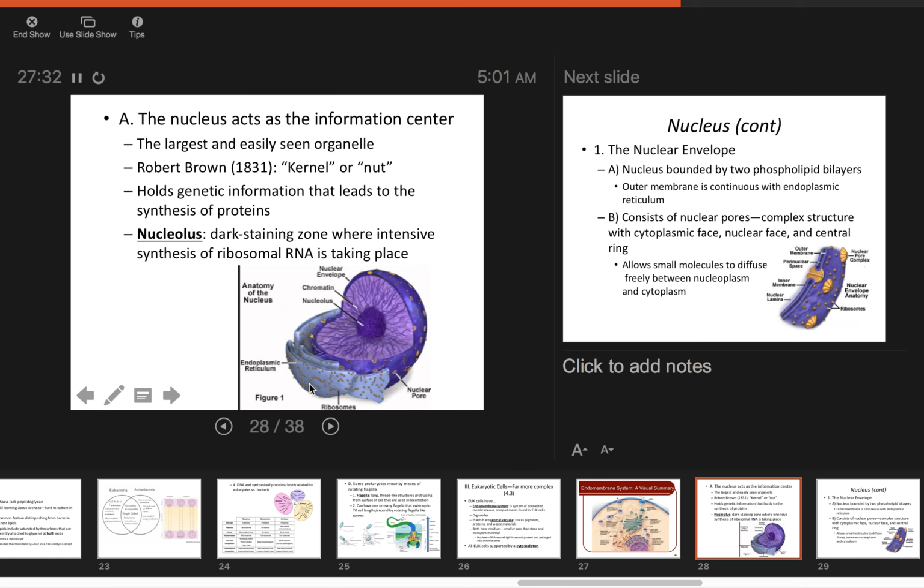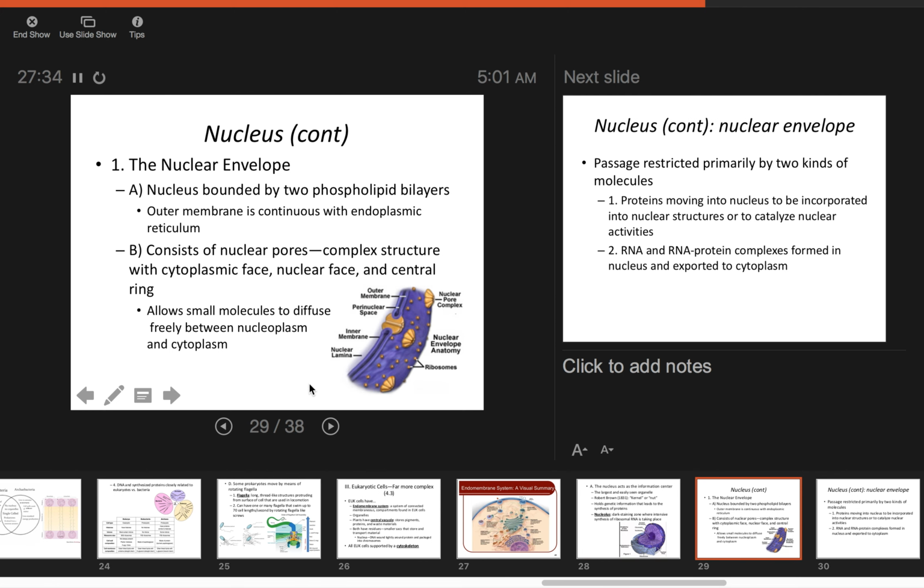Usually the ER. The nuclear envelope is bounded by 2 phospholipid bilayers, okay? And the outer membrane is actually continuous with the ER, the endoplasmic reticulum. This is actually kind of cool because during mitosis, you have prophase, where the chromosomes condense.